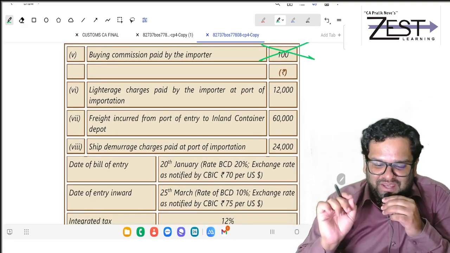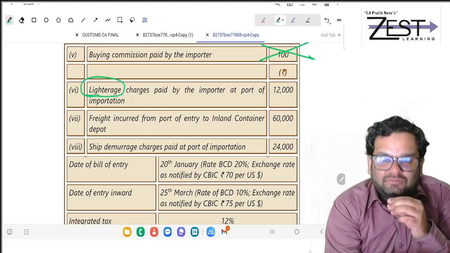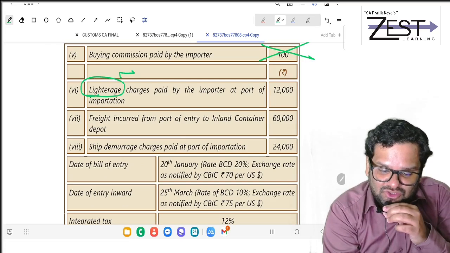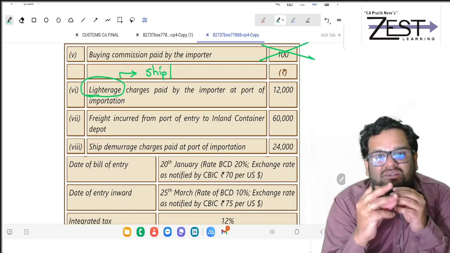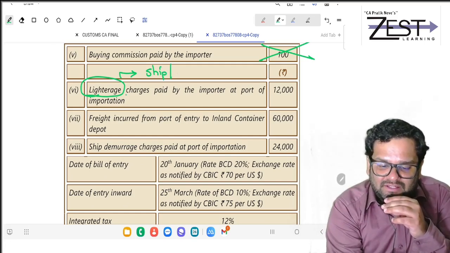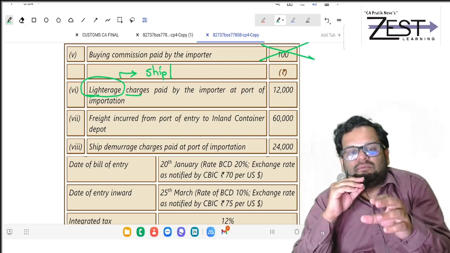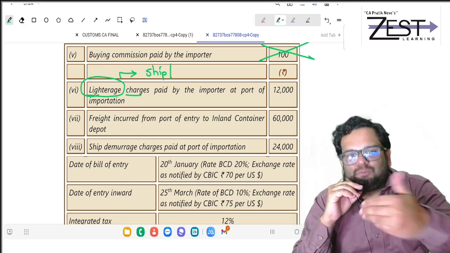Lighterage paid. What is lighterage? Lighterage is a sort of smaller vessel, a variation of a vessel. In short, lighterage means you had to shift your goods from one ship to another ship during transportation.